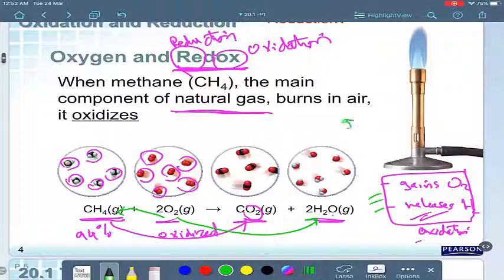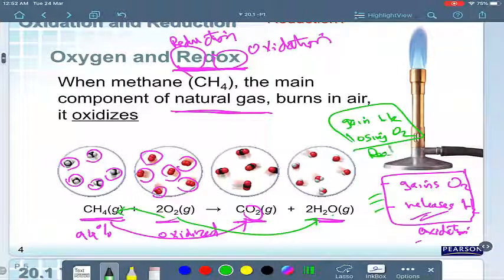So gaining hydrogen, or we can say losing oxygen, means reduction. Don't forget that. An example is burning methane gas, like this flame.